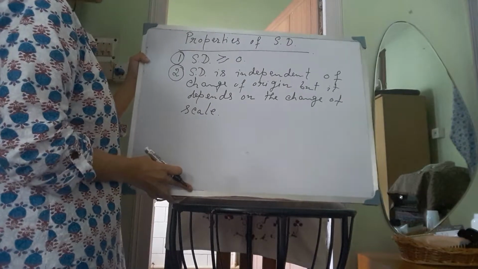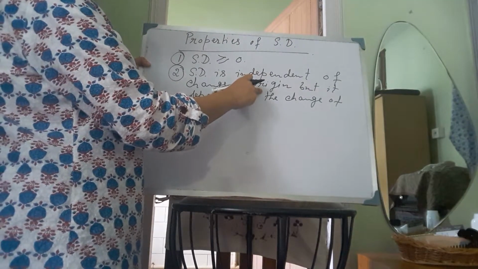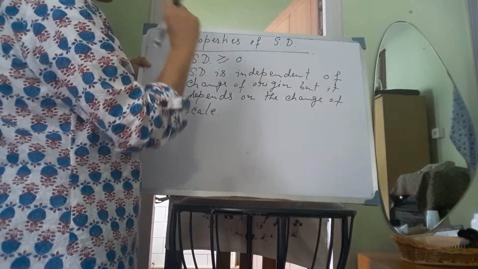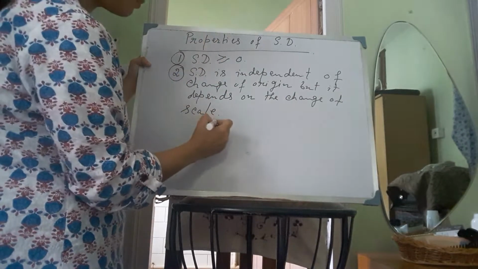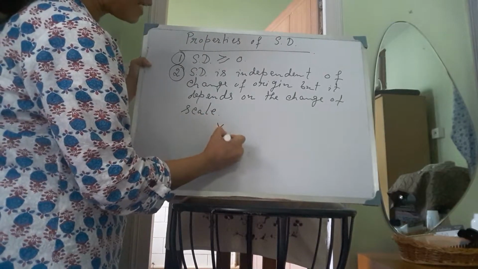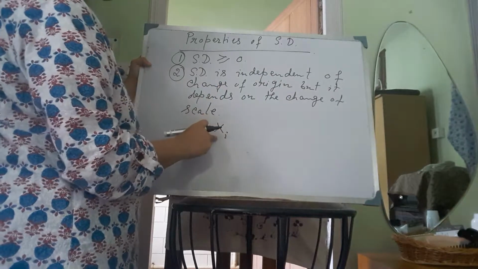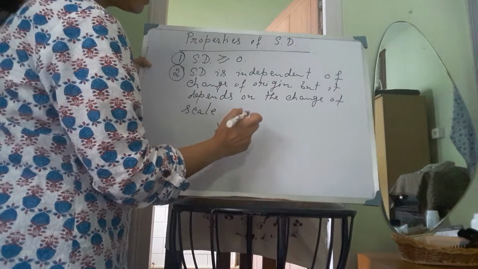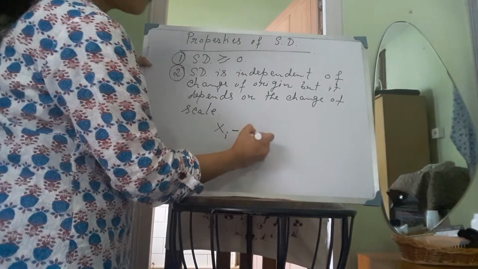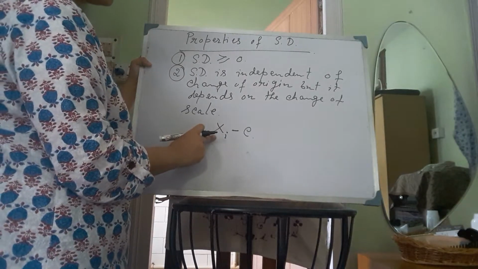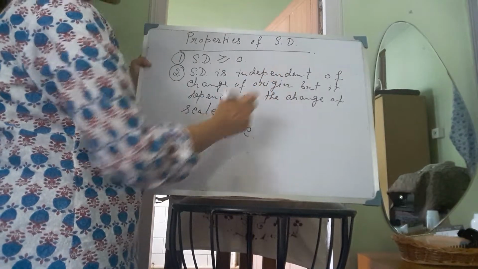By change of origin, we mean the deviation of a particular observation from its central value. Suppose xi is the ith observation. What is the change of origin? If we want to change the origin of the data, then we have to subtract a constant term c from the ith observation. In that case we will have the change of origin.